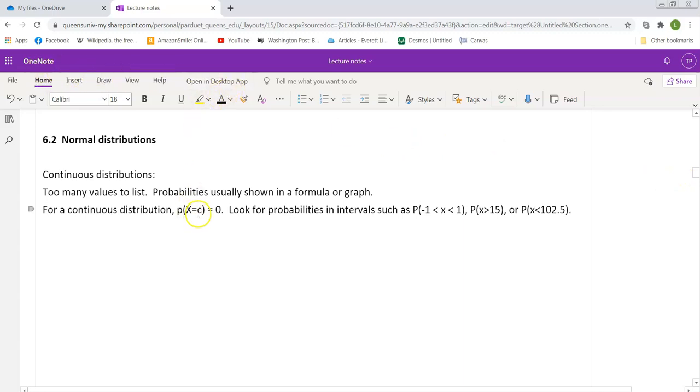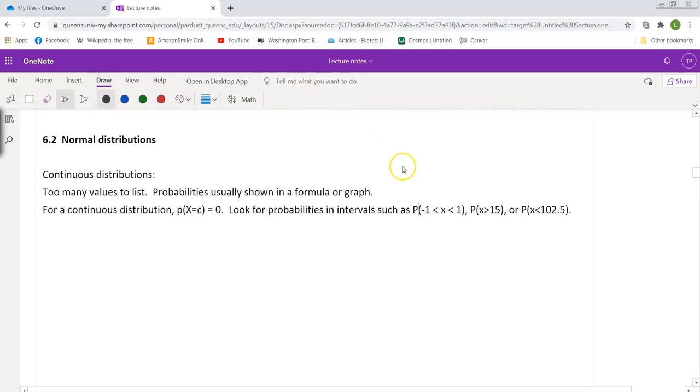And one nice thing, because the probability that x equals a given value is 0, for these examples, less than and less than or equal to mean the same thing. Now this is not true for discrete distributions, only continuous ones. If they ask less than or equal to, they're the same thing. Greater than or equal to, same thing. Okay, so you don't have to be careful about that.